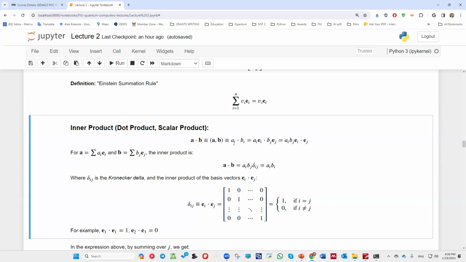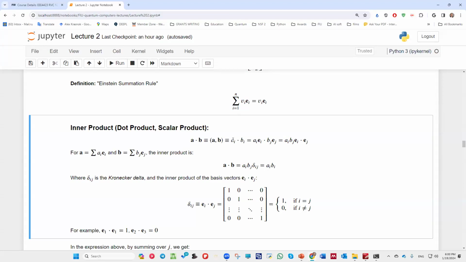By the way, this inner product is sometimes written like A dot B, sometimes like parenthesis A comma B, and sometimes just A times B. Essentially, it's the same thing.